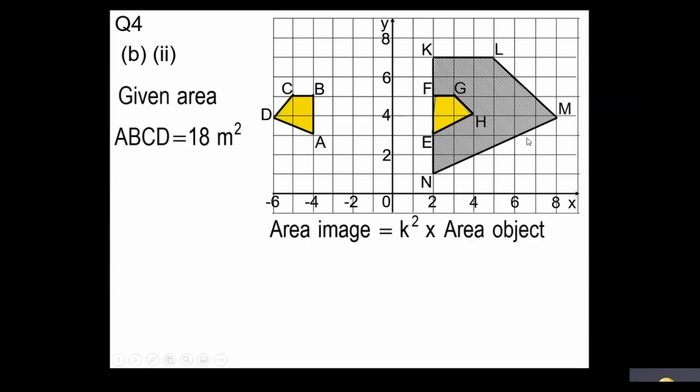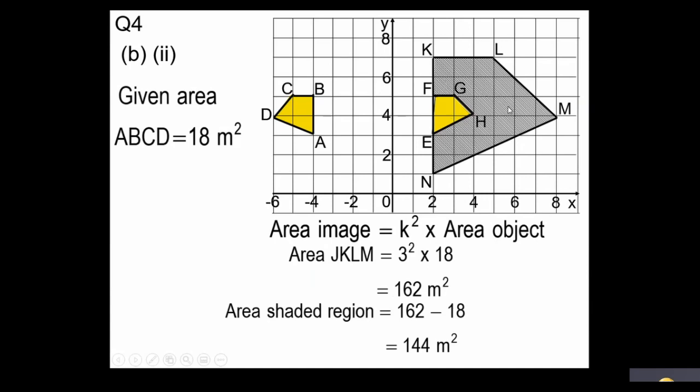Now you need to find the area of the shaded region. But before you find the area of the shaded region, you must find KLMN, which is the image. Once you have 162, you just have to take 162 minus this one, which is 18. Then you will get the shaded region.